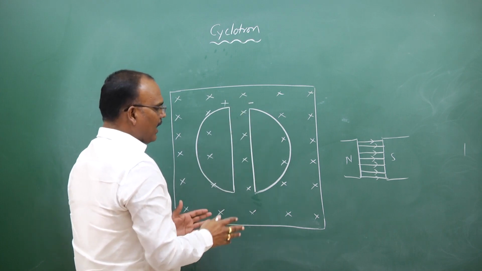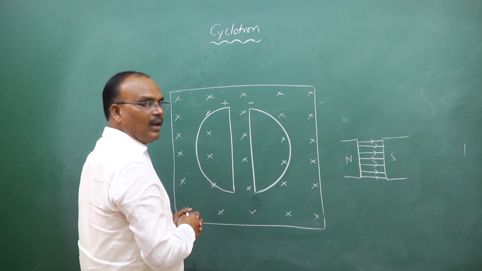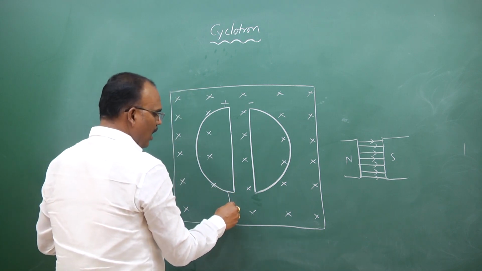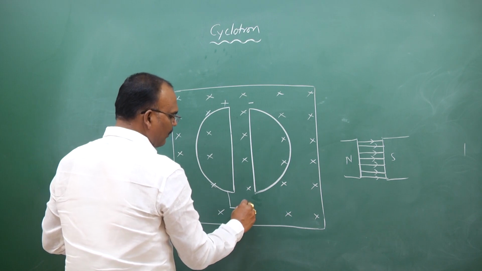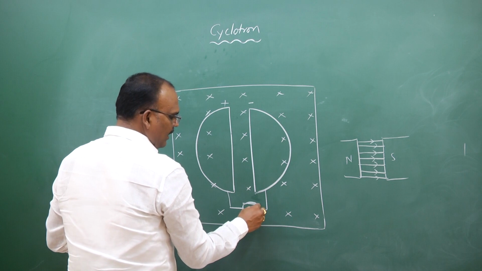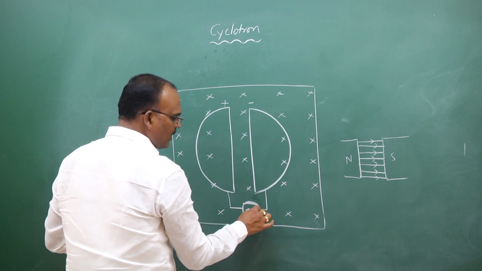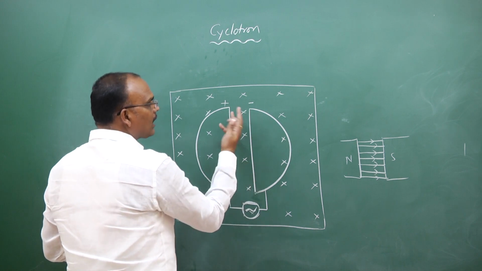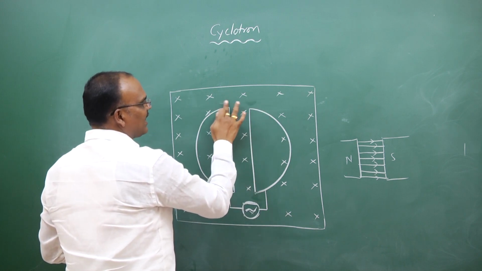So that's why here we are not going to use a direct source, that is a cell. Here we are going to use an alternating source, that is an AC source. This AC source is going to alter the polarity of the disk.